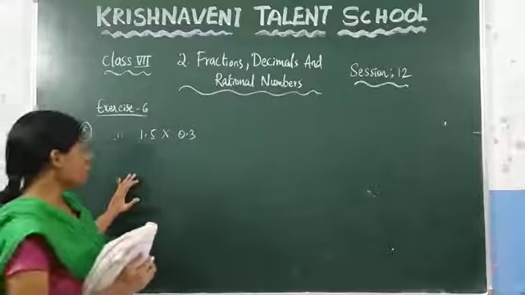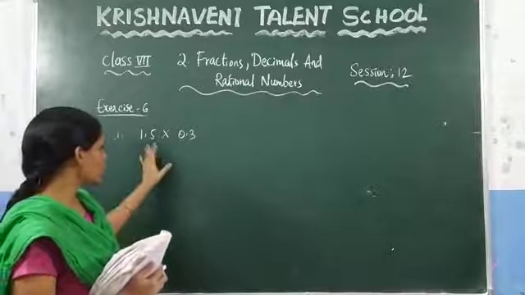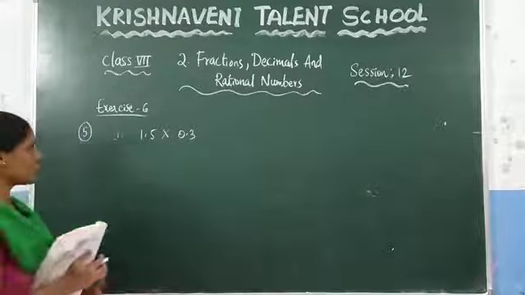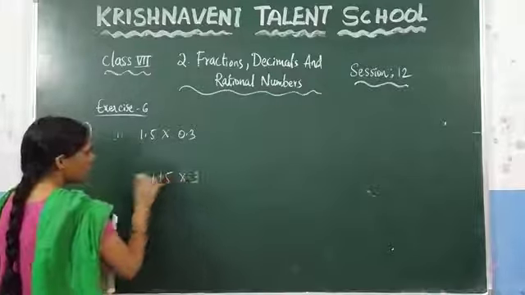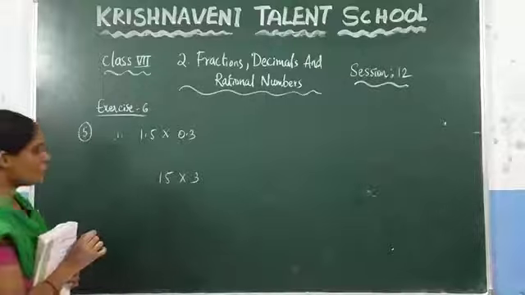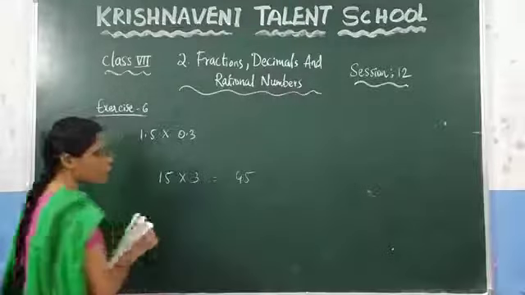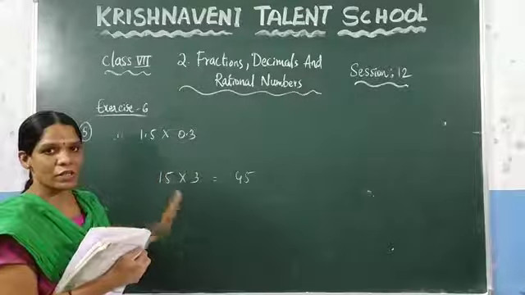How do you make the product of two decimal numbers? Just leave the decimal point and check what numbers are left out here. If you leave the decimal point, what are the numbers here? 15 into 3. What is the value of 15 into 3? It gives you 45. Now here you need to check how many numbers are there after the decimal point.